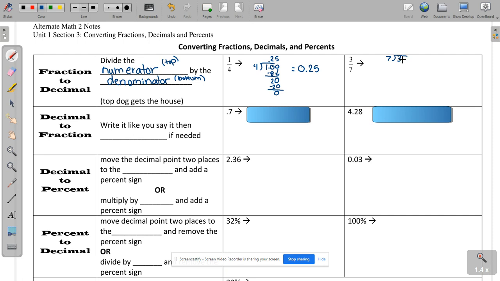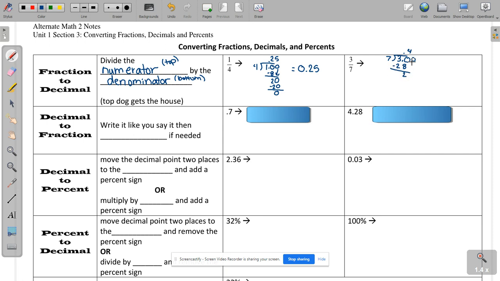Seven goes into 3, which we can't do, so we have to add a decimal and a 0. So 7 goes into 30 4 times. 4 times 7 is 28. Subtract, and we get 2.